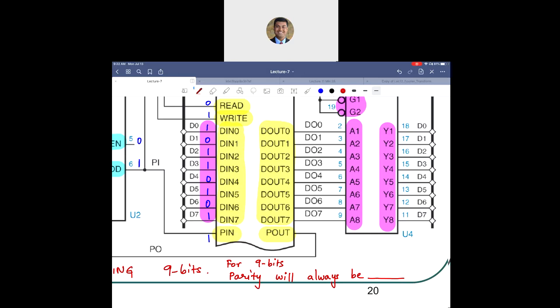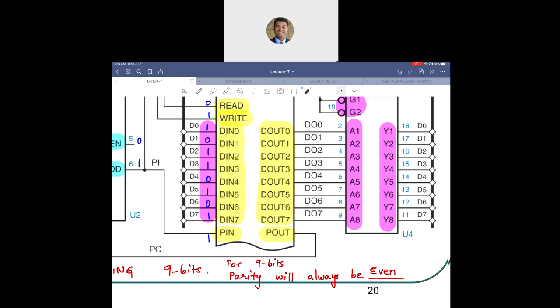Even is right. And the reason is this: we had a case where the 8 bits were odd parity and we added one more one, so it became even parity. In the other case, if we have even parity for the data, this will be 0, so it will still be even parity.